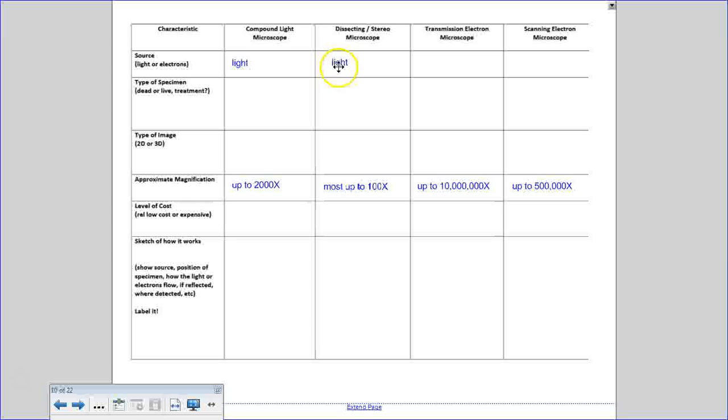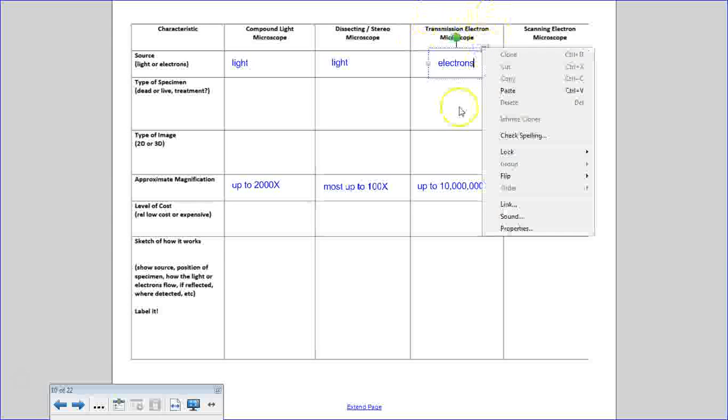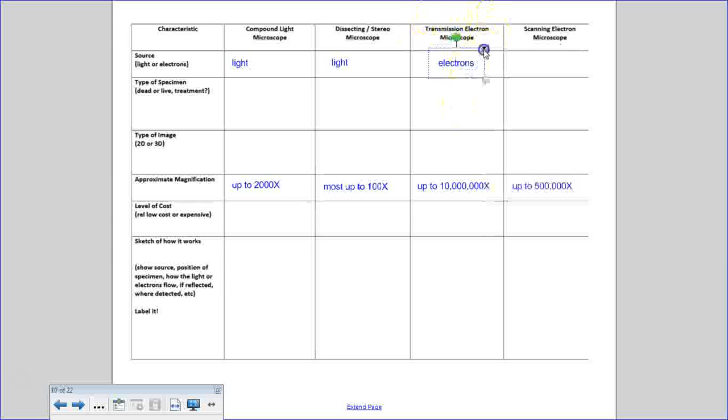The light shines down on the object. These ones say right in the name. And these ones use electrons. So there we go, the first part of the table is complete.